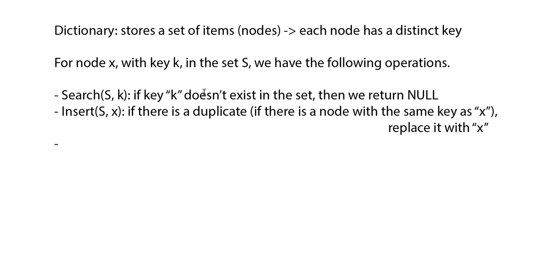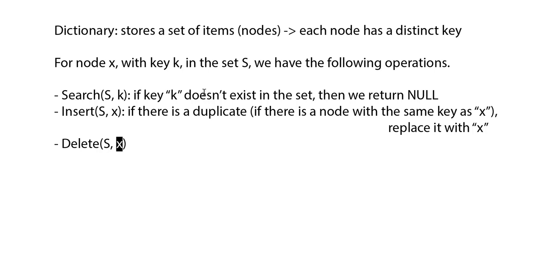How about for deleting? To delete this node X from S, the thing to remember is, sure, we are specifying a node to delete, but we don't really have a reference to that node, so how do we even find it within S?